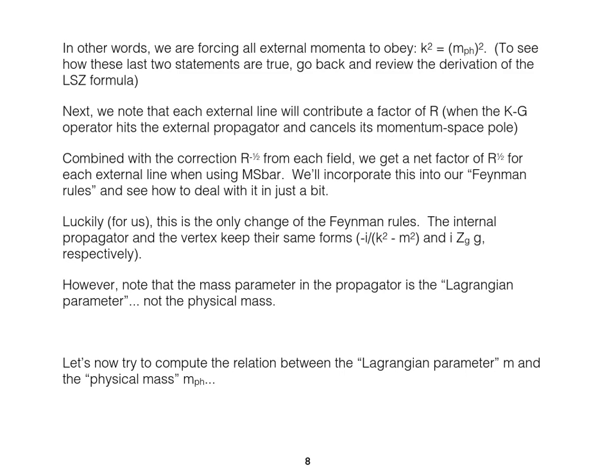If I plugged in m physical squared here, I could expand it, and I'm going to get parts that hit our order alpha corrections, so it's going to be higher order. So at this point in the propagators, we can replace m physical squared with m squared. First I replace m squared with m physical squared, and then I replace m physical squared with m squared. It's like the shell game.